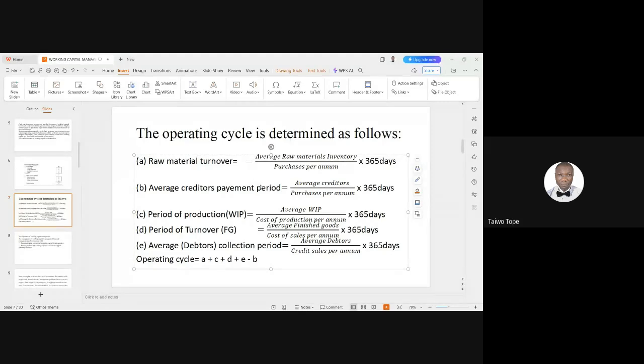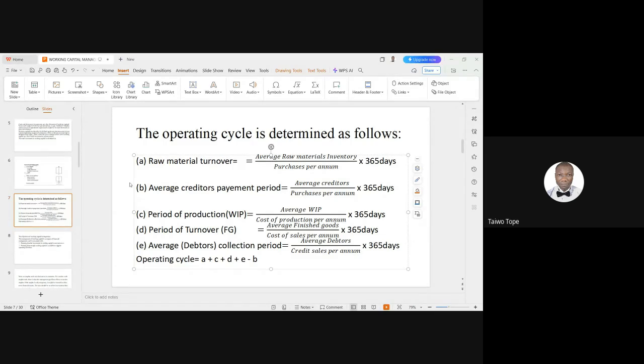Now, when you determine the values, for you to determine the operating cycle within the particular period, we say all the outcomes of our current assets, you add them together, less the items of the current liability.